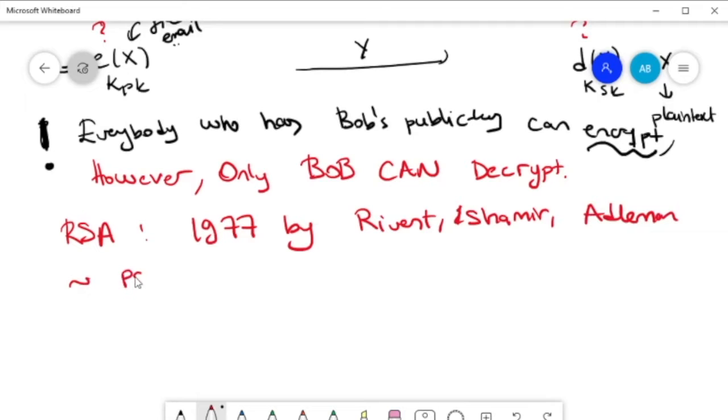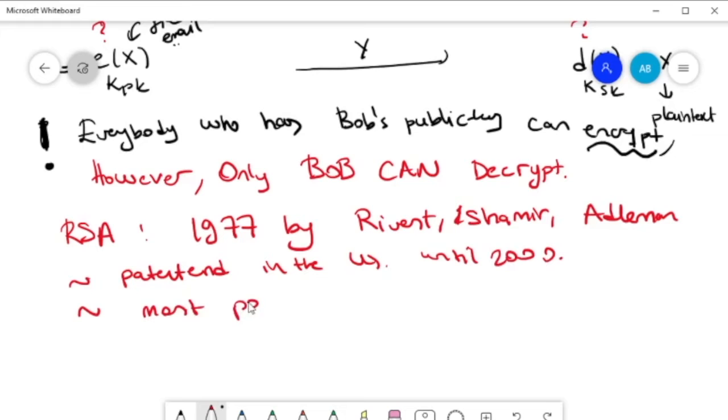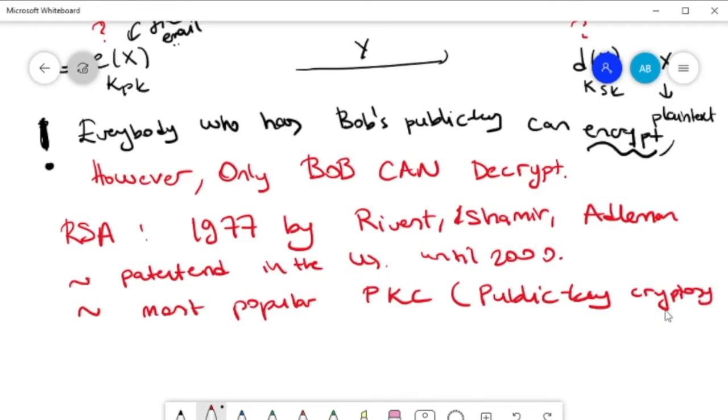It was patented in the US until 2000, but still it is used, and I think it is the most popular public key cryptosystem.